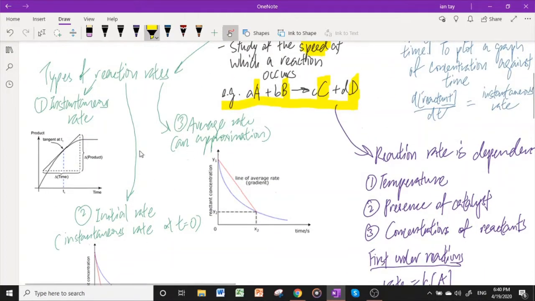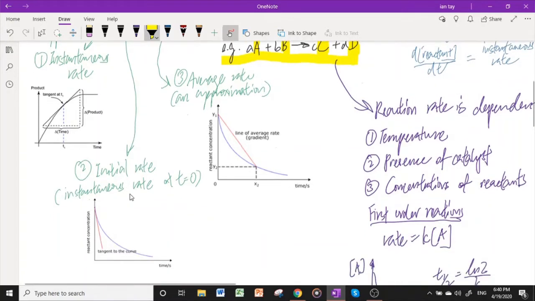However, the problem with these methods is that you need to have a graph of concentration against time. But sometimes you don't always have the luxury of such a graph. The average rate is an approximation for the instantaneous rate, where it's basically the difference between two concentration values measured at two different times divided by the time elapsed between the two different timings.